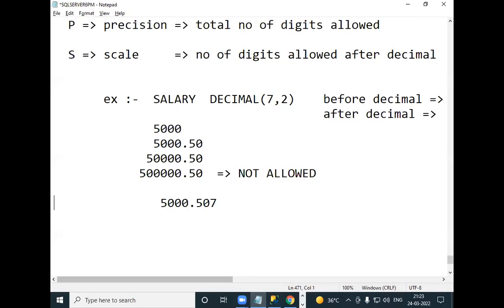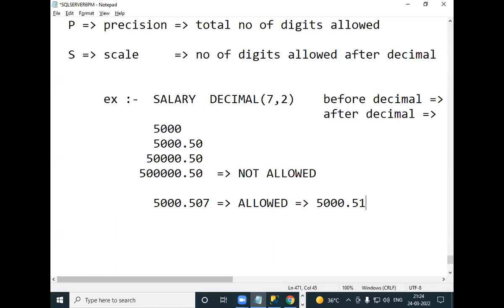Okay. Then I enter 5,000.507. Allowed or not allowed? Allowed. SQL Server allows it. But if you go and see the database, how is this number stored? 5,000.51.